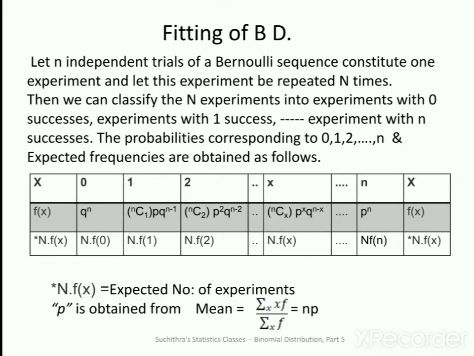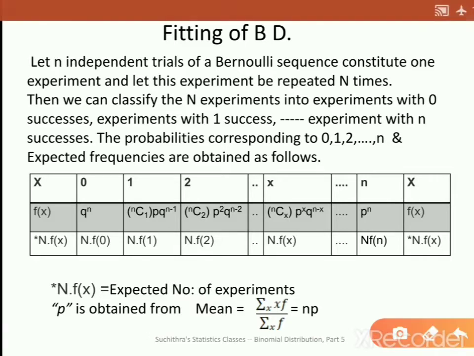P is obtained from the formula: mean is equal to summation x into f divided by summation f, which is equal to np. And n is very well known from the experiment itself. N is this, and we can calculate x bar, that is the mean x bar, which is np.